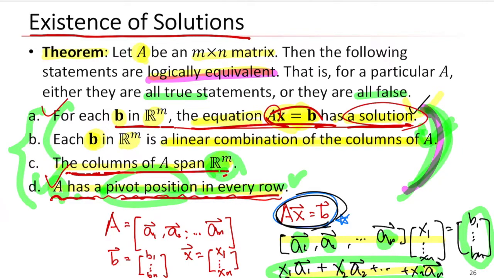There were four sub-theorems, and they are all logically equivalent, like today's theorem. In here, there was the statement: the columns of the matrix A span the Rm space, then it has a solution, right?